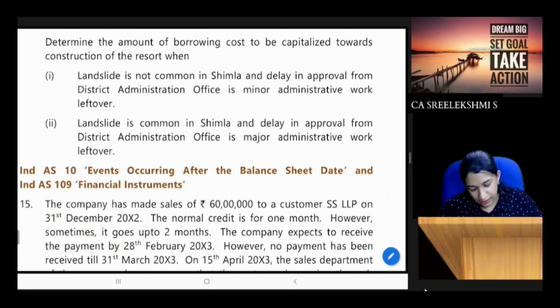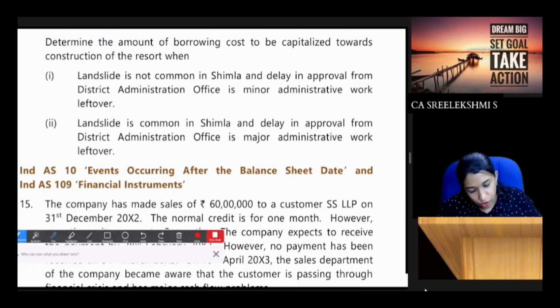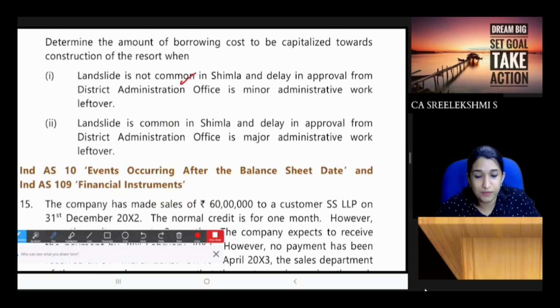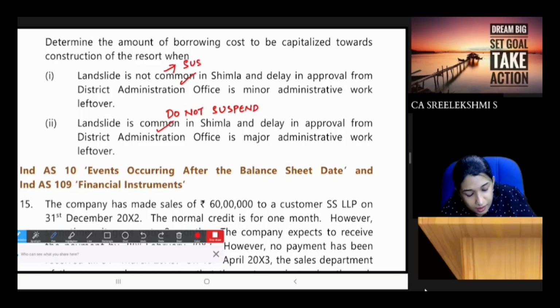So what is given here? Landslide is not common in Shimla. So in case of a natural calamity, if it is not common, suspend capitalization.